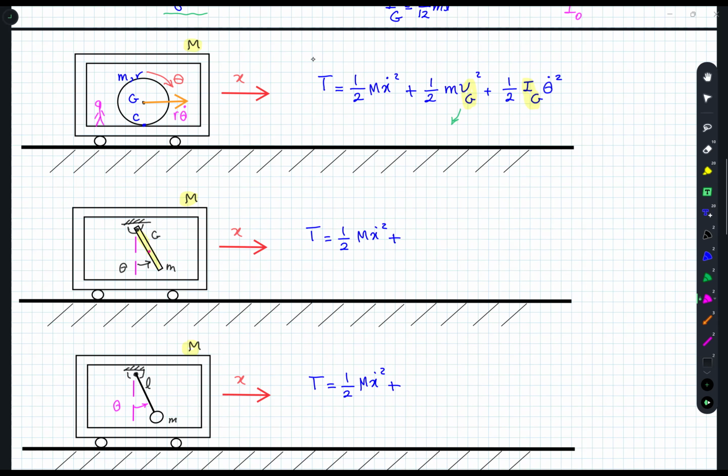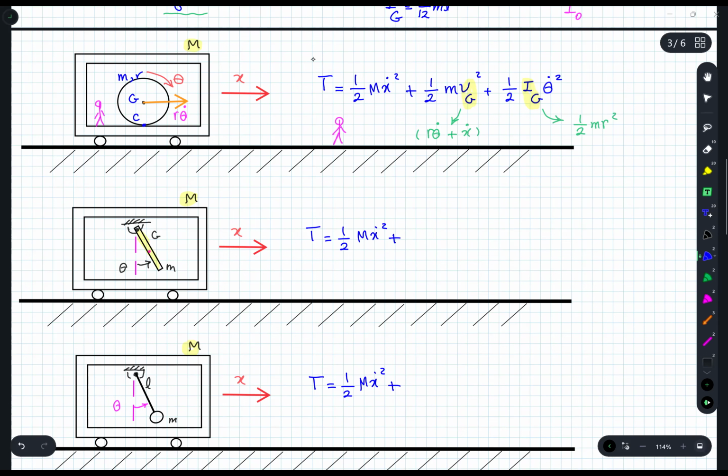However, for kinetic energy, we have to write it with absolute coordinate. It means that Vg now is r theta dot plus x dot. And Ig here, of course, for the disk is half of m r squared. All right, so here is our relation.